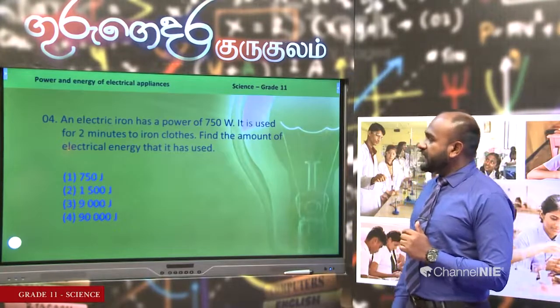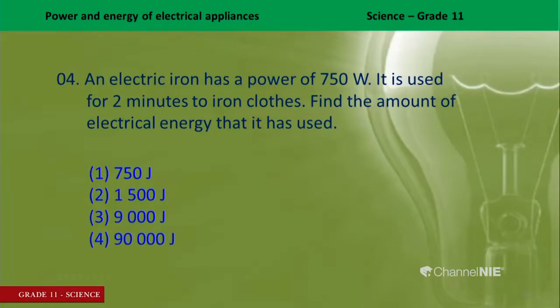An electric iron has a power of 750 watts. It is used for 2 minutes to iron clothes. Find the amount of electrical energy that it has used. You have to do some more work here. I think the formula might come to your mind now, that is energy equals power into time.